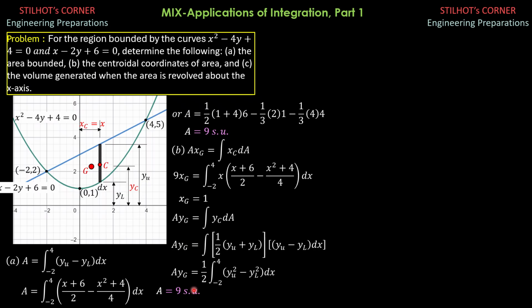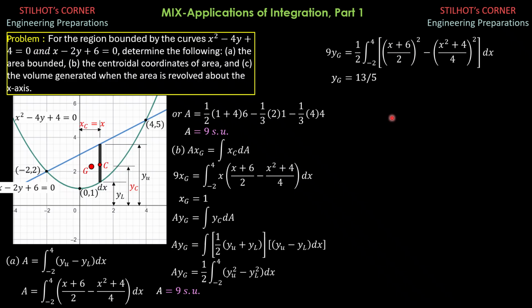So 9 times yg equals 1 half of the integral of the quantity ((x plus 6)/2) squared minus the quantity ((x squared plus 4)/4) squared dx. So using your high-tech calculator, divided by 9, yg is equal to 13 over 5. Then the location of the centroid of the area is 1 comma 13 over 5.